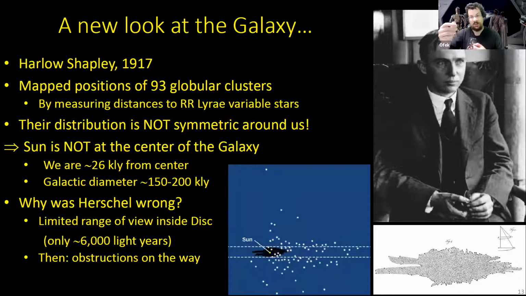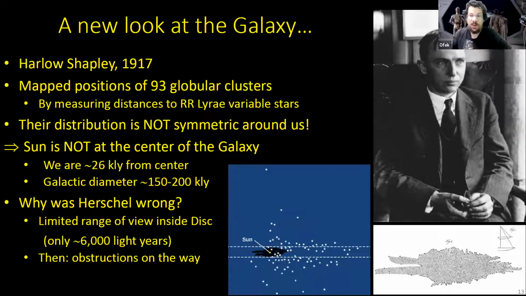So we are not at the center, we're 8,000 parsecs off center, out of a galactic diameter which is about 50 kiloparsecs. At the time, they thought it was less. Now we can see more and more stars and even more dark matter in studies today. But we are around 8 kiloparsecs from the center, and the galaxy diameter extends even further beyond that.